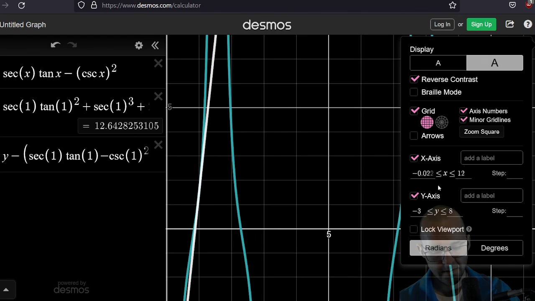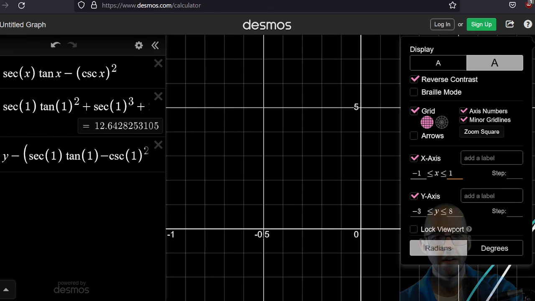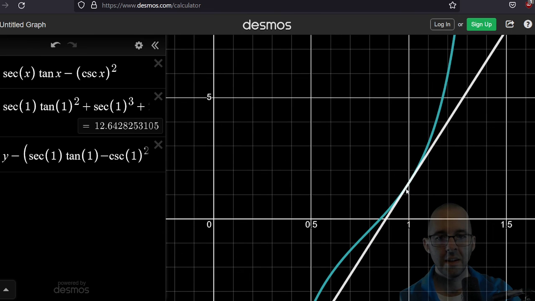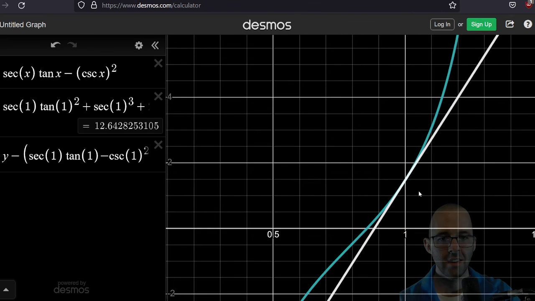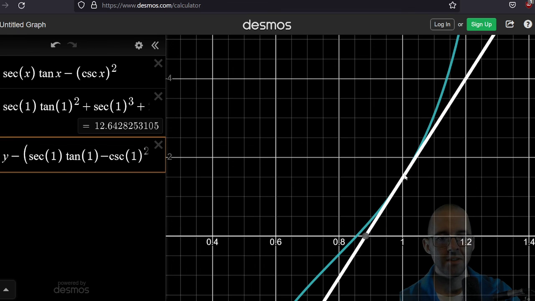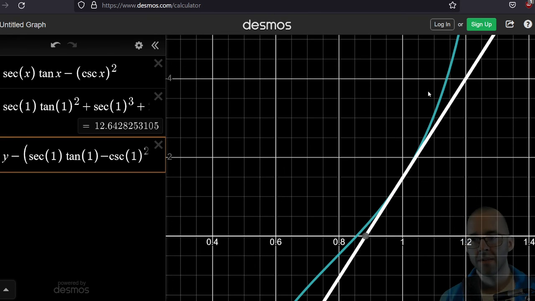Now let's zoom in, see if we're doing it right. Wait a minute. What's going on here? Here we go. Oh, look at that. If my eyes don't deceive me, that is a tangent line.